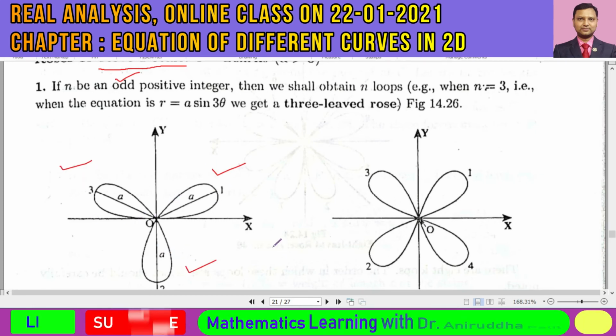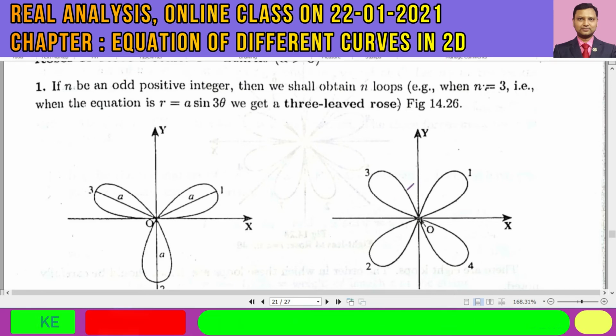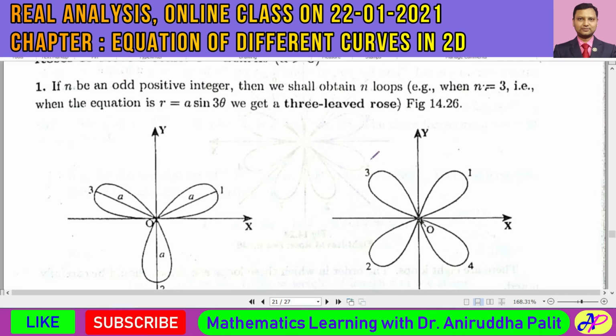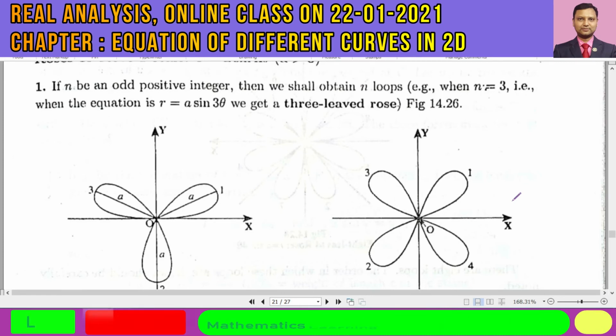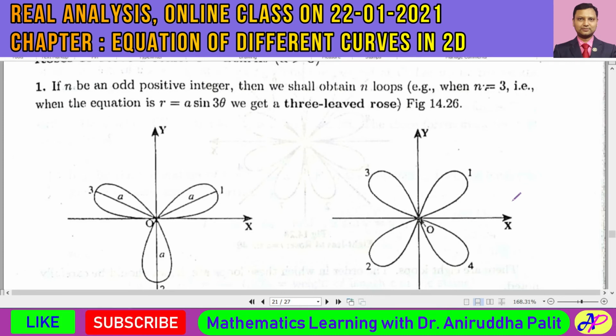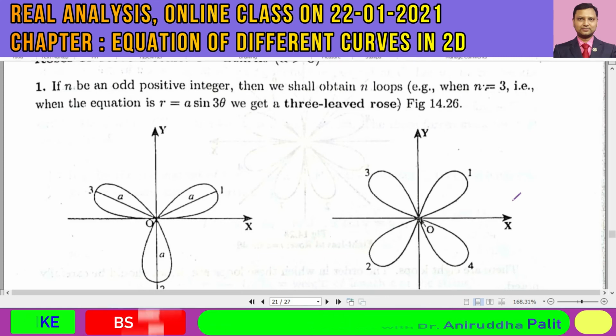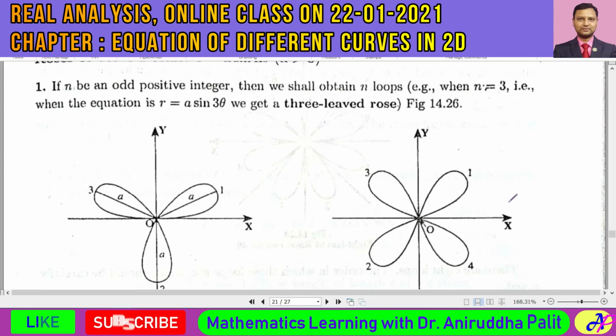And whenever n is an even positive integer, suppose n is equal to 2, then we will have twice n number of loops. n may be equal to 2, 4 or 6, etc. Then we will have twice n number of loops.